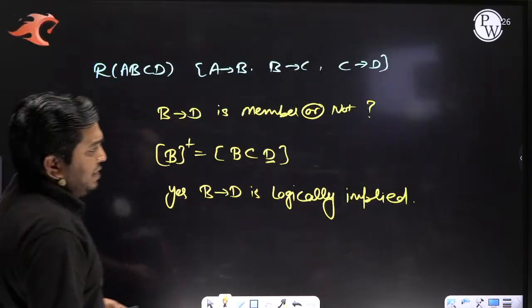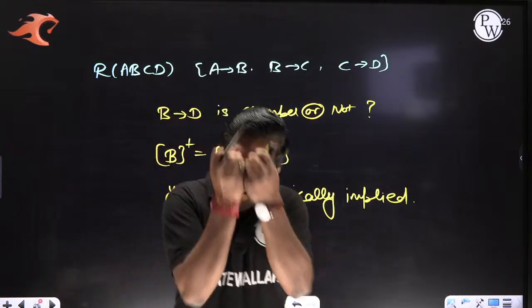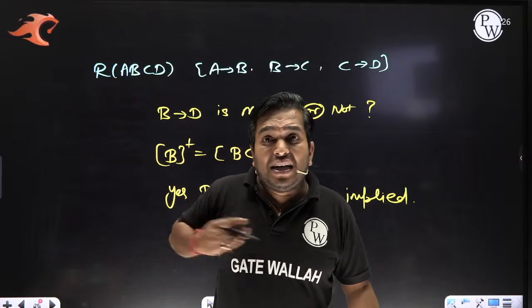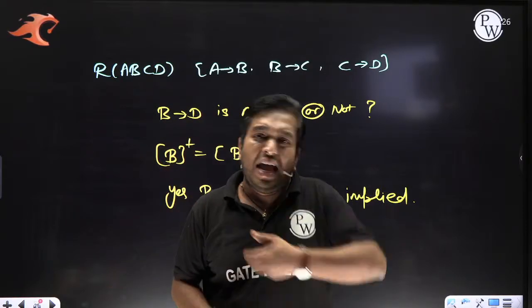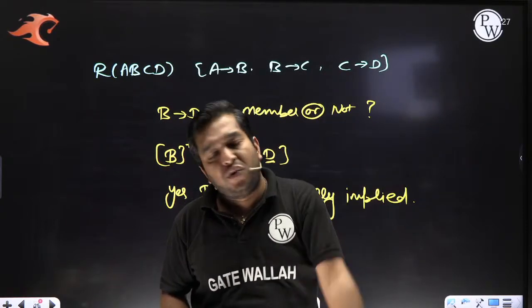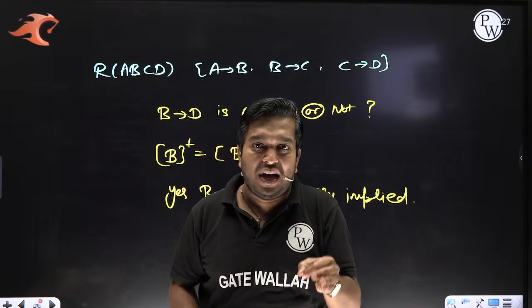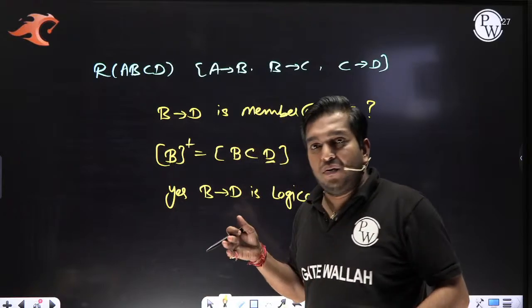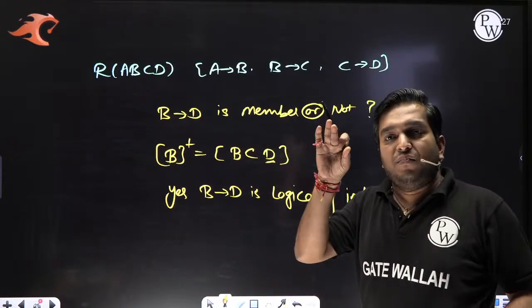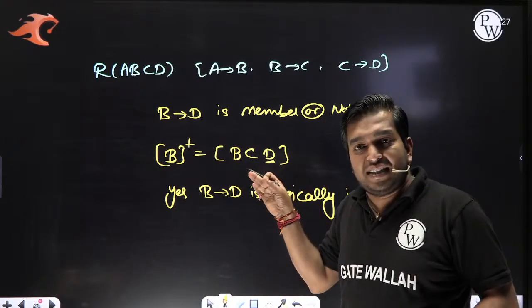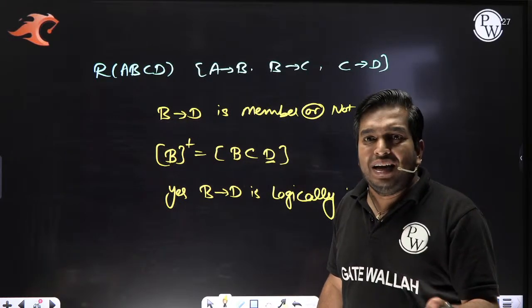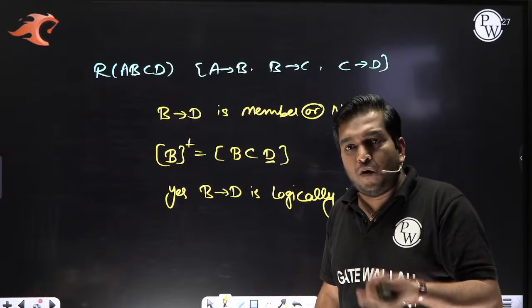Again, I'm saying in short, whatever FD set is given, no need to take any tension. If I am asking whether any X tends to Y is a member or not, what you have to do is just take the closure. If you are getting the RHS, then you can say it is a member. It is logically implied, either directly or indirectly, it's none of my business.